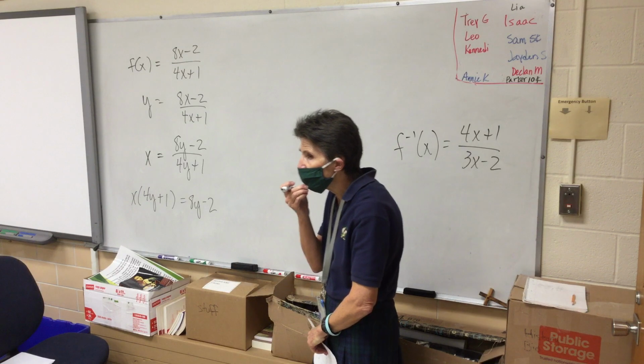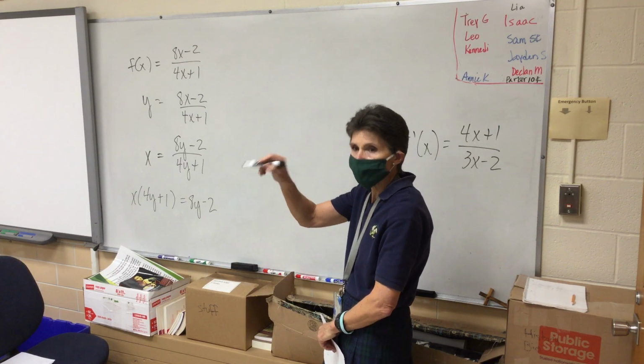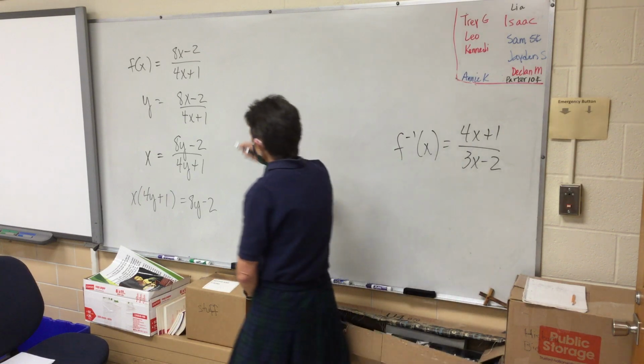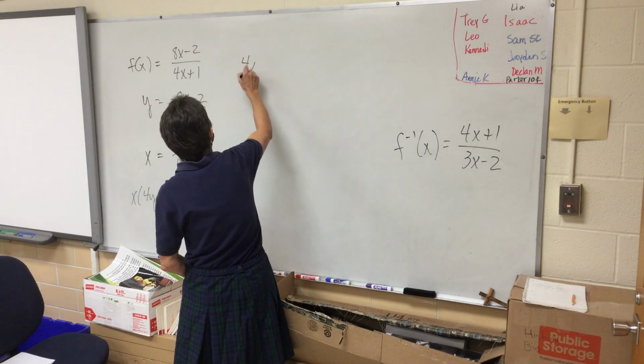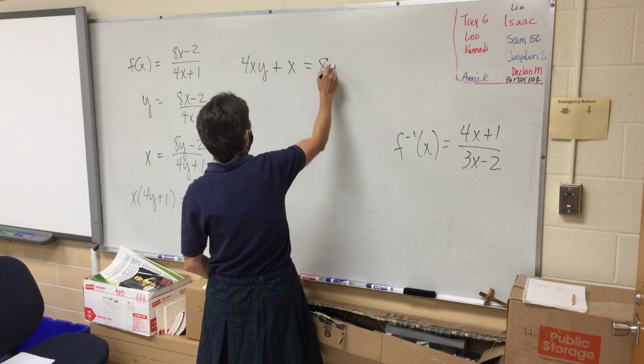Now, what do you remember? Once we got that multiplied over there, Jada's going like this. Do you distribute now? So we're going to have 4xy plus x equal 8y minus 2.